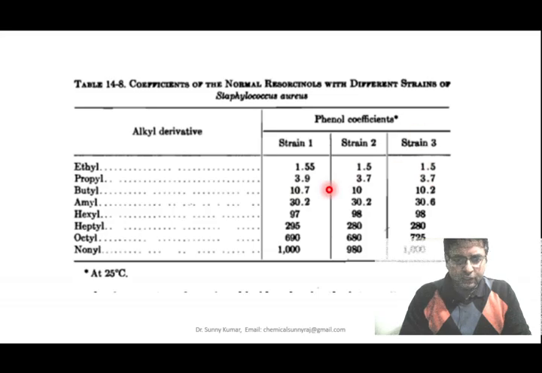Propyl is 3.9, 3.7 and 3.7. Butyl is 10.7, 10 and 10.2. Amyl is 30.2, 30.2 and 30.6. Hexyl is 97, 98 and 98. Heptyl is 295, 280 and 280. Octyl is 690, 680 and 685. Nonyl is 1000, 980 and 1000. These are the phenol coefficients at 25 degrees C for the different alkyl derivatives.